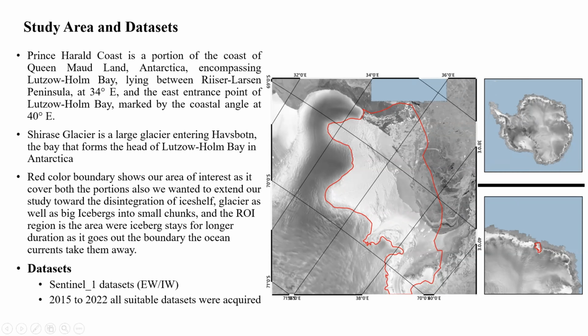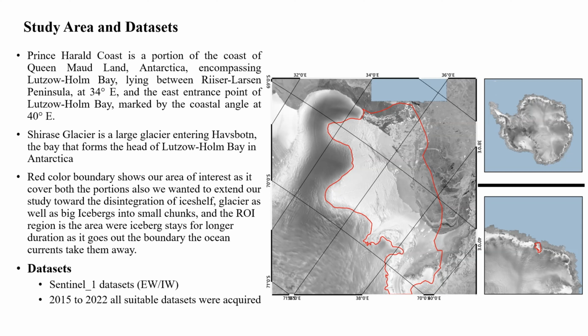We have made one ROI, this red polygon. We selected that particular ROI region, and why only that area? Because in that area, the iceberg stays for a longer time. Then, as it moves outside that boundary, it is carried away by the ocean currents.